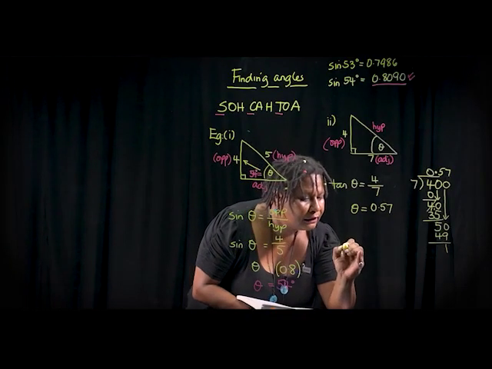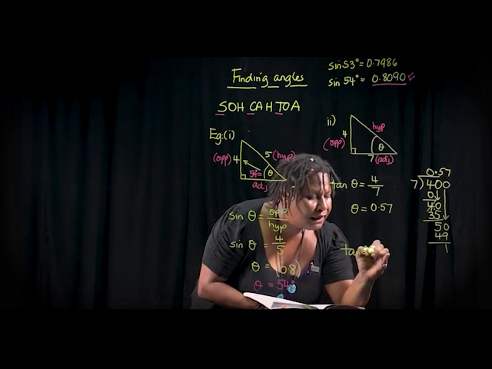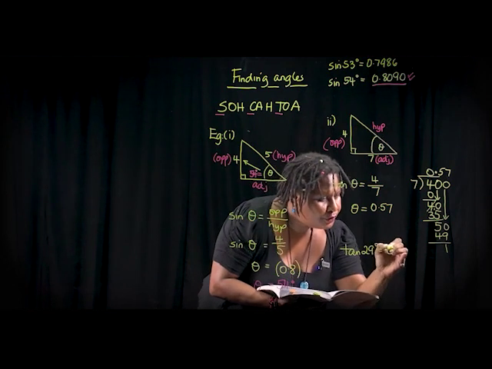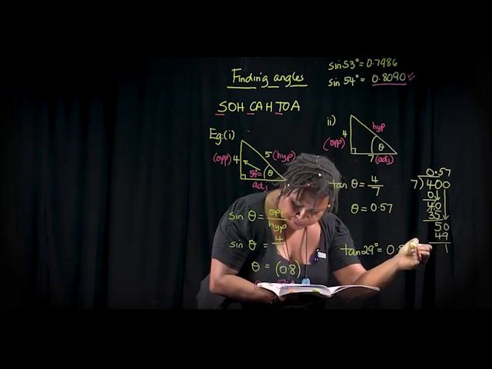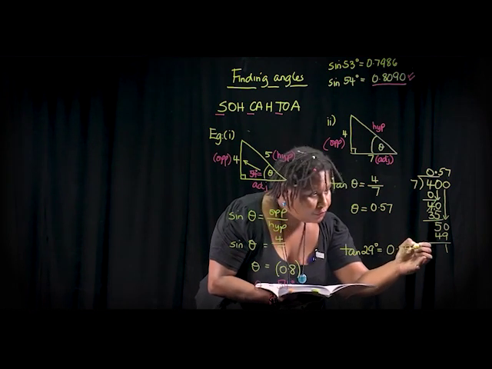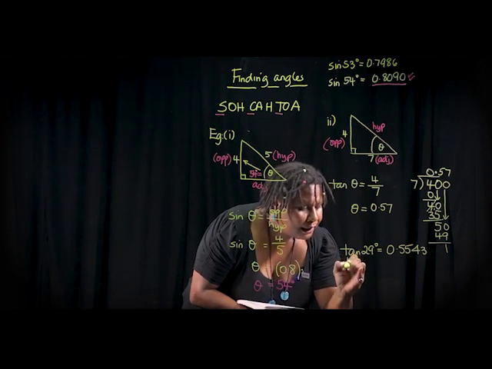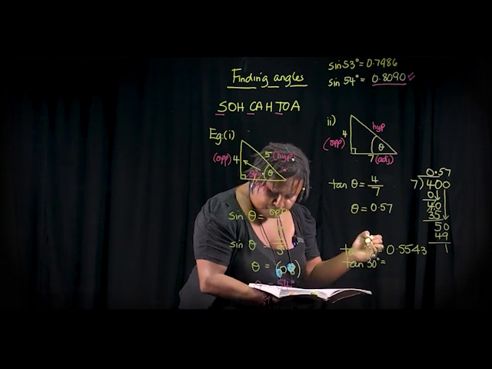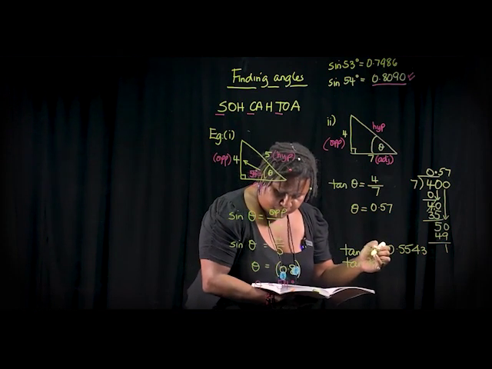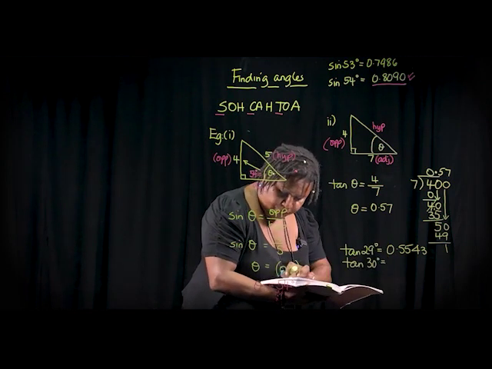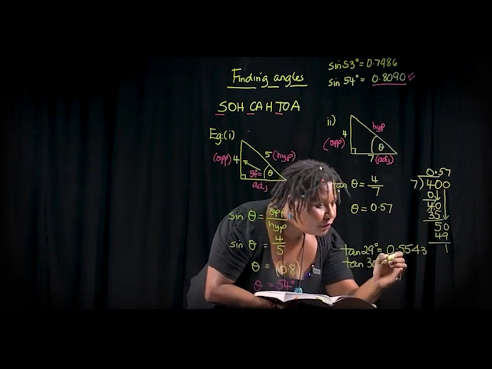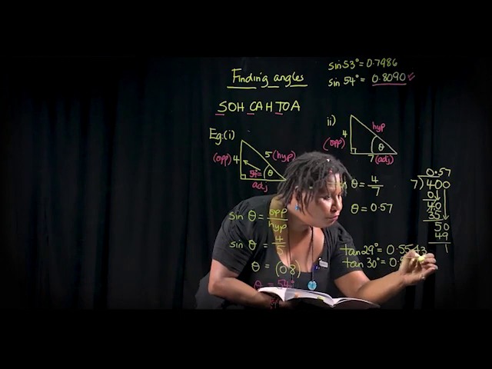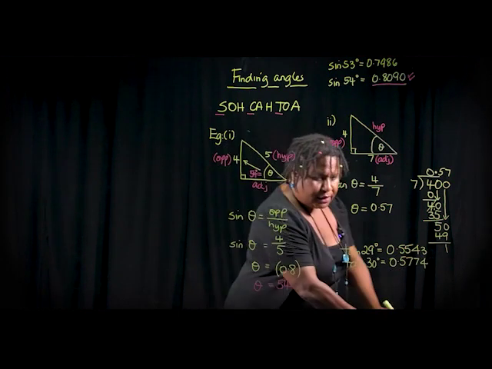And that is tan 29 degrees, which is equal to 0.5543, and tan 30 degrees, which is equal to 0.5774. Okay?